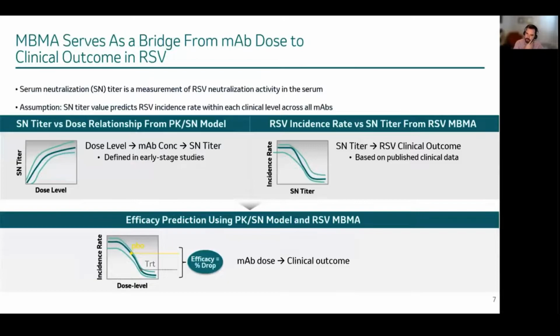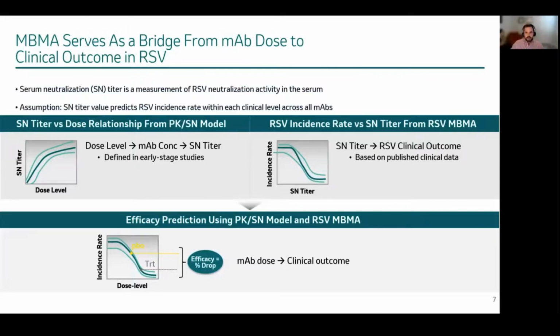And the approach is really predicated on finding a good correlate of protection. In the case for RSV, that correlate is serum neutralizing antibody titer, or SN titer. It effectively serves as a measurement for RSV neutralization activity. And in the case of monoclonal antibodies, higher doses confer higher neutralization activity.